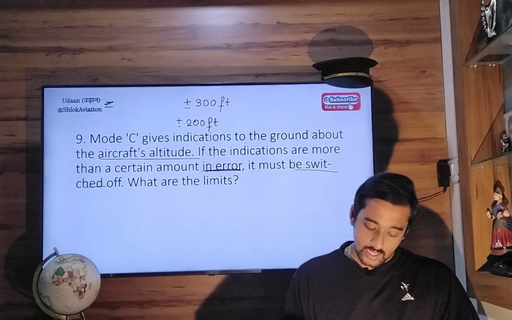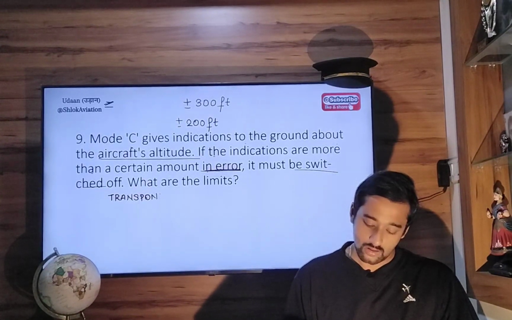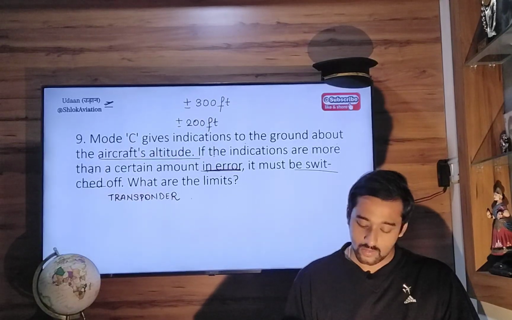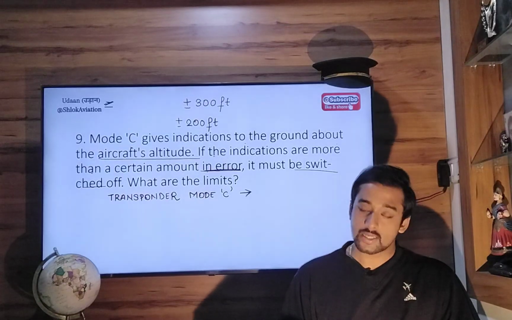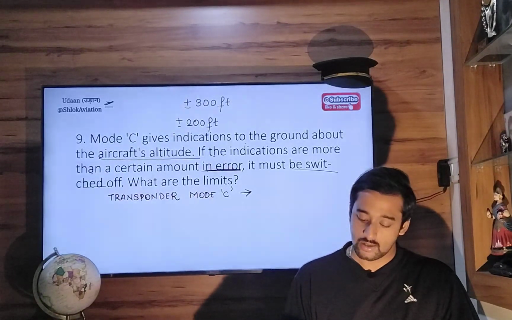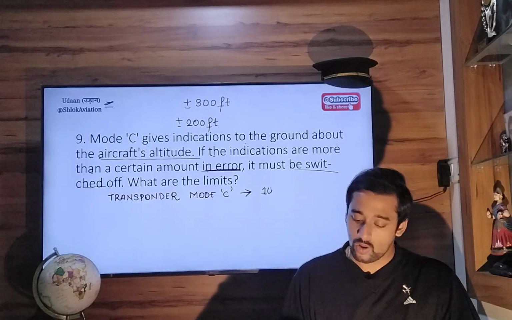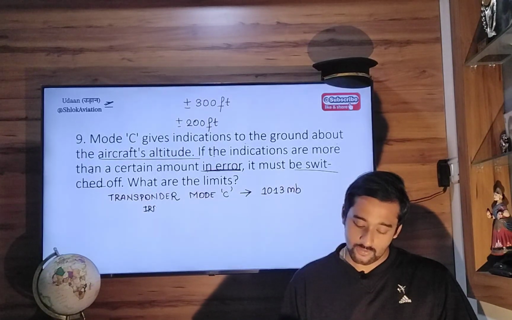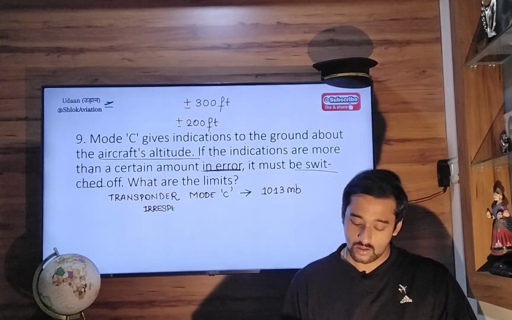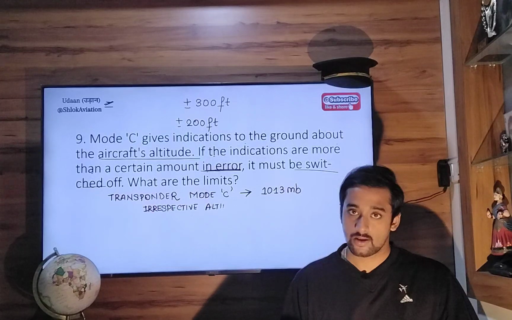Now, the transponder mode C capability transmits your altitude information with respect to 1013 millibar, irrespective of altimeter pressure setting.